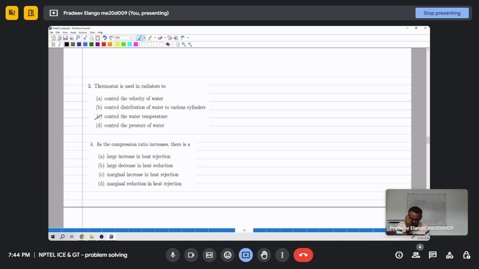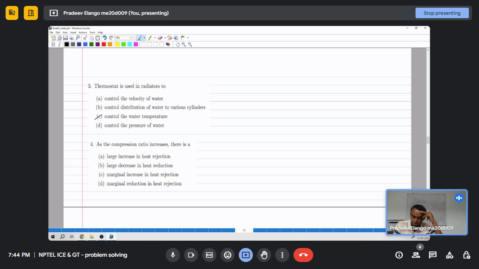Water temperature. So thermostat will be like a mechanical switch which will open after reaching a certain temperature. Say it can be set to 70 or 80 degrees Celsius. When the coolant water becomes more than 80, it will open up, and then the water will flow through the radiator and come back. Otherwise, it will stay only within the engine.